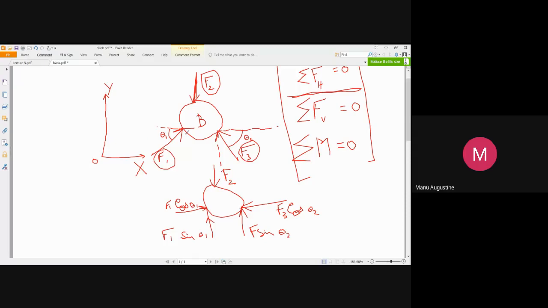Now, once F1 and F3 have been resolved into their components, the original F1 and F3 have to be removed from the picture. What I have essentially done here is, instead of one single force F1 acting at an angle, I replaced F1 with two forces which are along the x-axis and the y-axis.